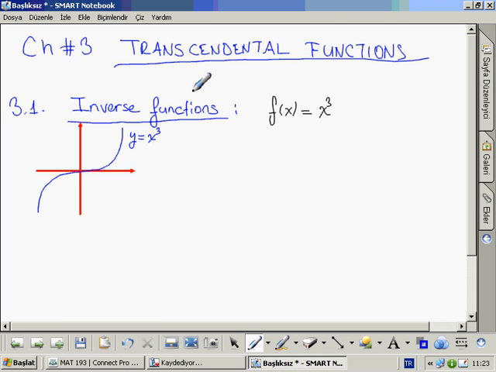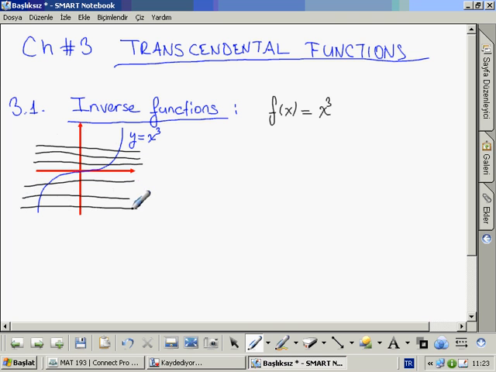This function is 1 to 1, and that means when you sketch a horizontal line, and if your horizontal line meets the blue curve at only one point, you can say this function is 1 to 1.